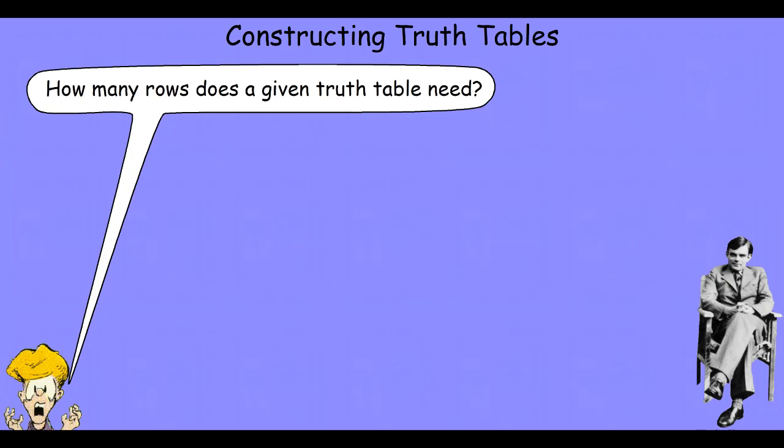Now, how many rows do you need? How many possible ways can the world turn out? Well, it depends on how many simple constitutive statements we have. Each simple statement has 2 truth values, so every time we add a simple statement, we add 2 possibilities for every possibility that existed before.